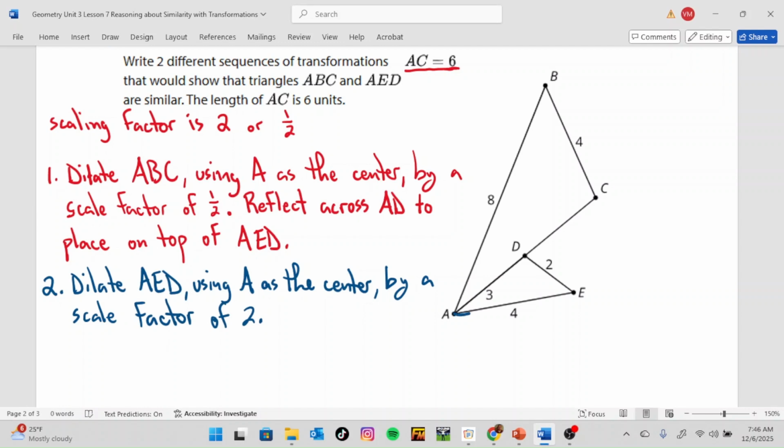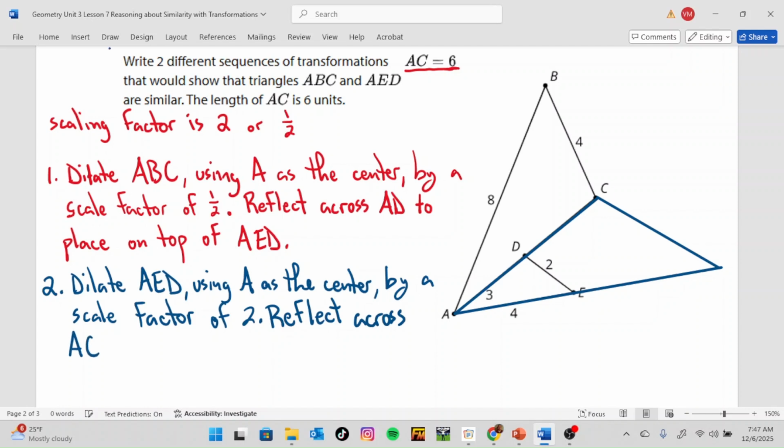This is now going to create a larger triangle, and then we can reflect across AC to place on top of ABC.